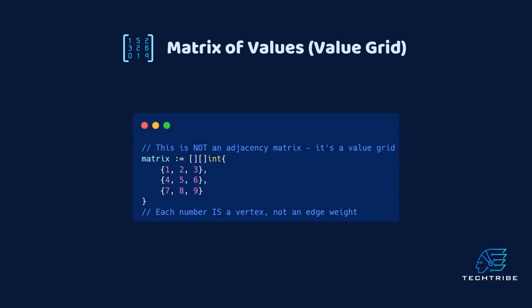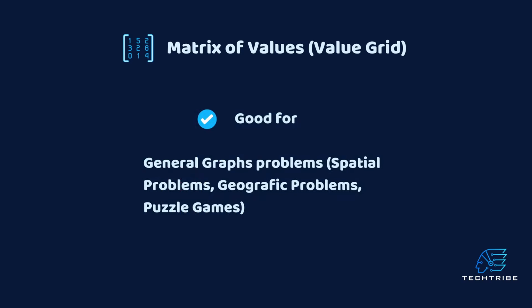So this is what a matrix of values, or a value grid, would look like. What is this good for? It's good for spatial problems, such as pathfinding in games that use 2D or 3D grids, image processing and pixel neighborhoods, maze solving algorithms, and cellular automata.